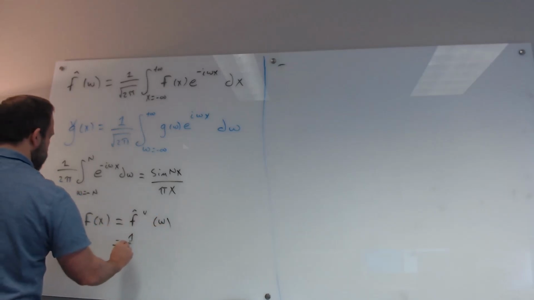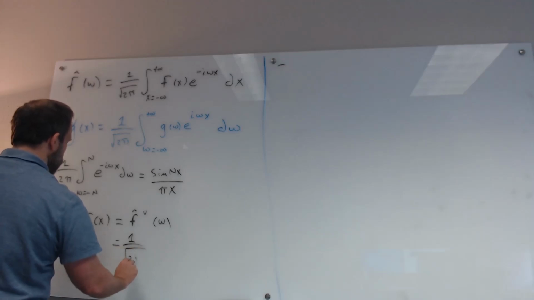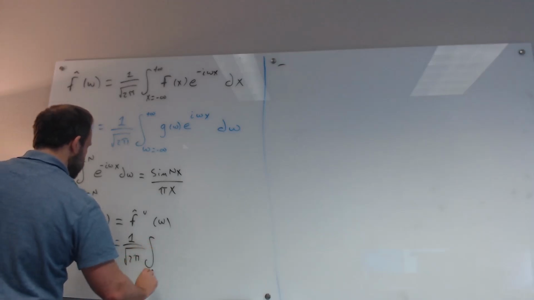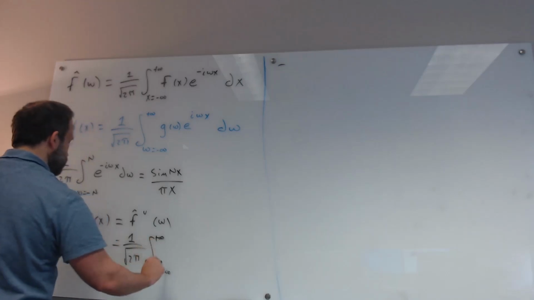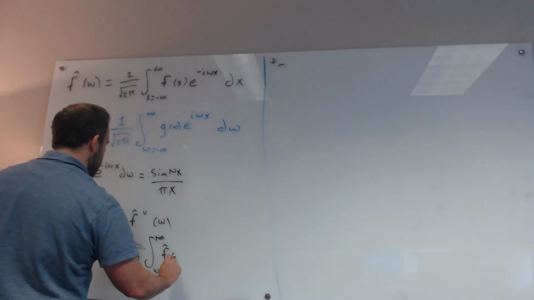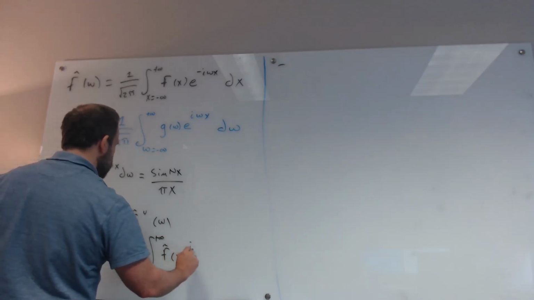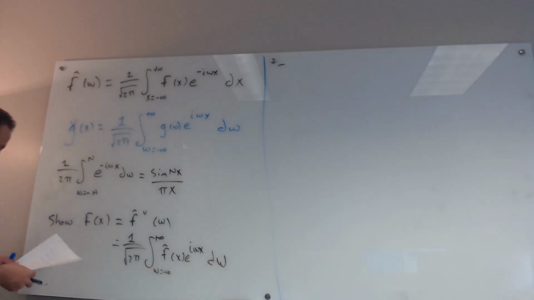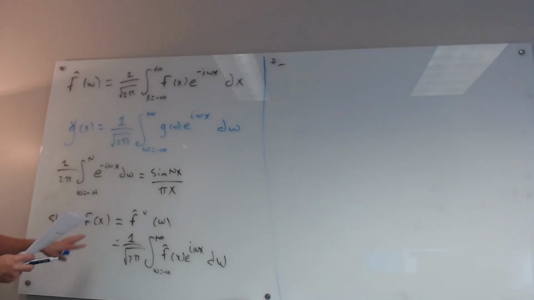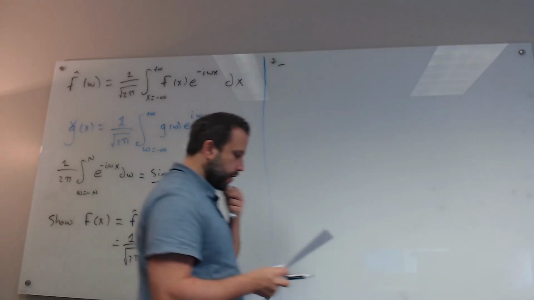In other words, to be explicit, this is 1 over the square root of 2 pi times the integral with omega going from minus infinity to positive infinity of f hat of omega e to the positive I omega x, and then we're integrating with respect to omega. So that's what I'm going to prove now. Okay. And again, one thing that we want to assume here, we're assuming that f and f hat are continuous and integrable. Okay. So how can we prove this?